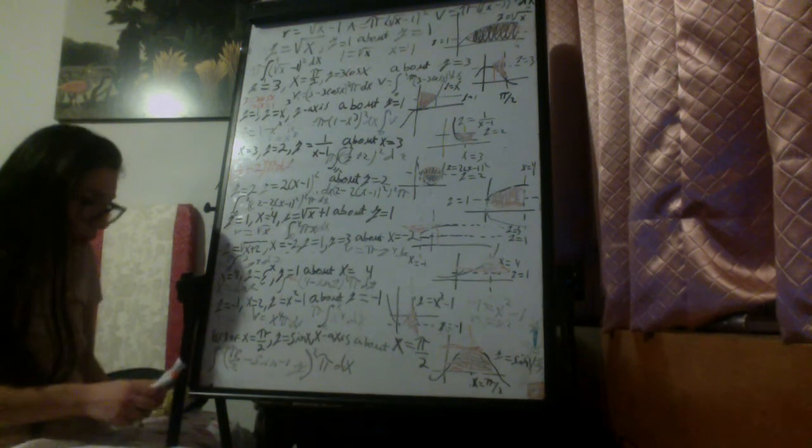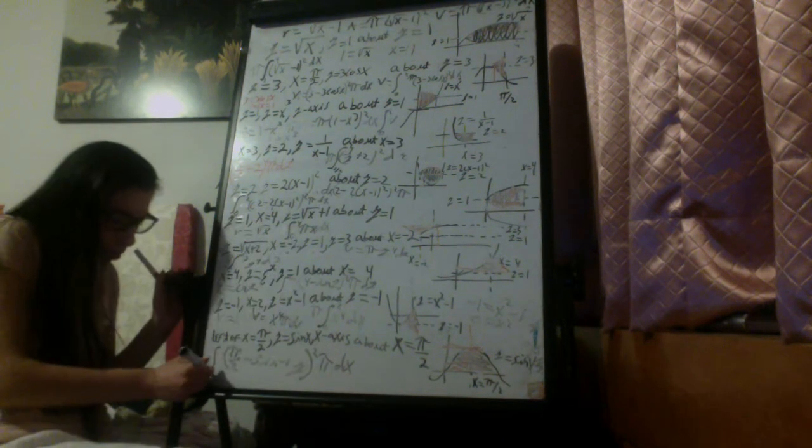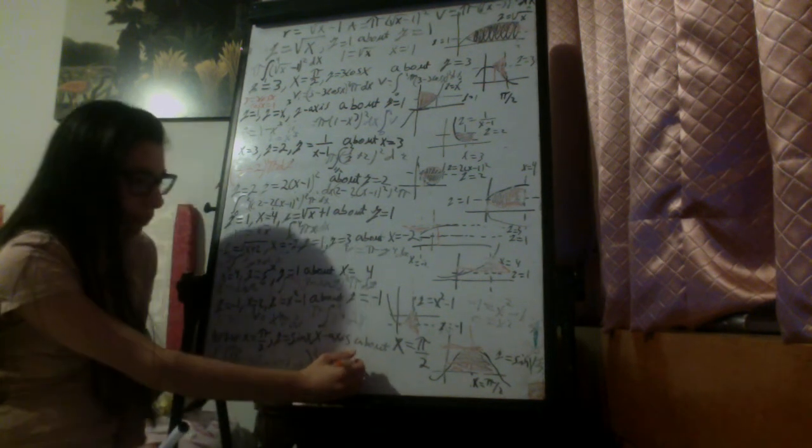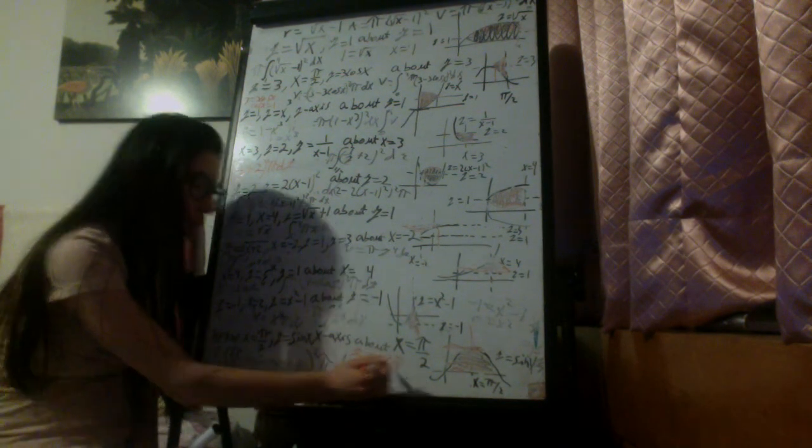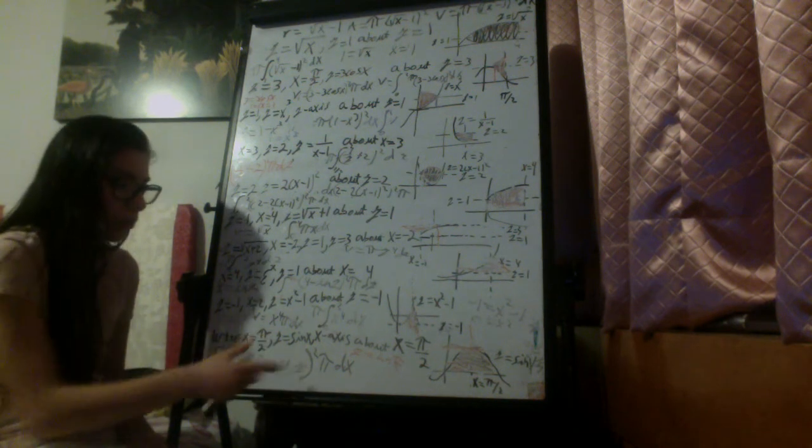So what's the value of y when x is equal to pi over 2? y is equal to the sine of pi over 2, which is just 1. So we're going from 0 to 1 of the integral of pi over 2 minus arc sine, or sine to the minus 1 of y, all this squared times pi dx.